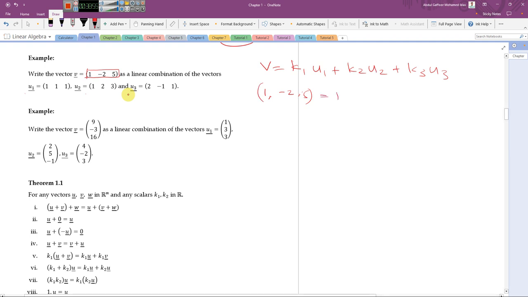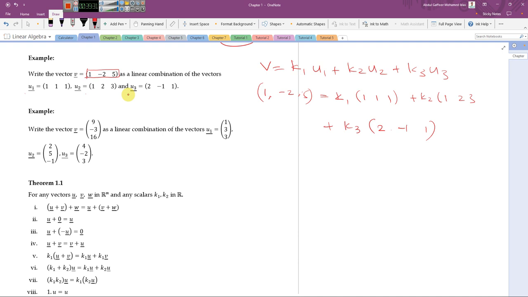It is equal to k1 times u1, which is 1 comma 1 comma 1, plus k2 times u2, which is 1 2 3, plus k3 times u3, which is 2 negative 1 1. So now I have to distribute these scalars within these vectors.